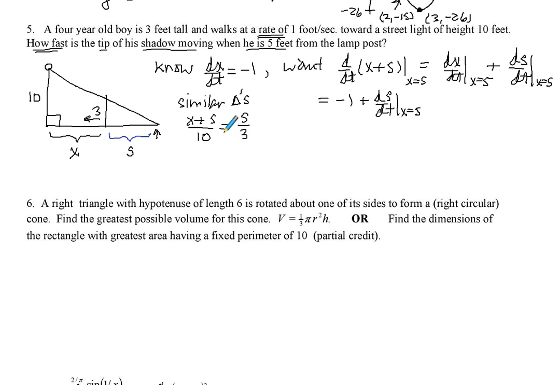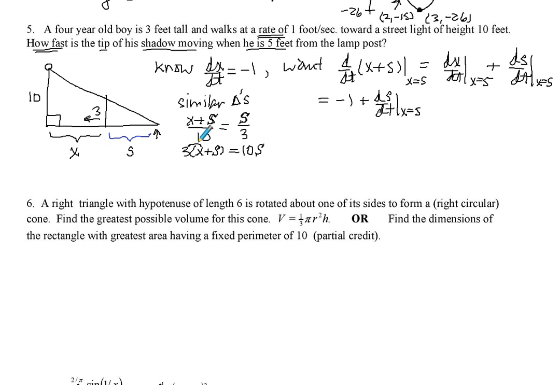And then multiply both sides by 30, multiply by the LCD, or if you want, take cross products here. Let me make sure that looks like an S here, so we don't mistake this for a 5. So this product is going to be 3 times x plus s, and this cross product is going to be 10 times s.